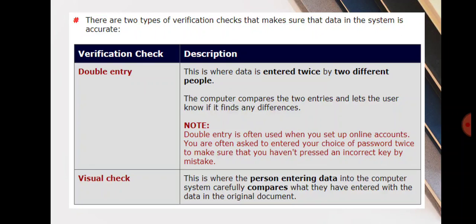So this is what validation and verification include, and it is very important to minimize the errors and faults in the system. As I will tell you again, validation only checks how your data will be entered, not whether your data is entered correctly or not.